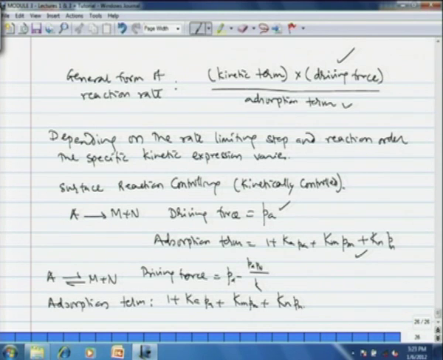So, this is as far as the surface reaction controlling mechanism is concerned, where the transport is sufficiently fast.